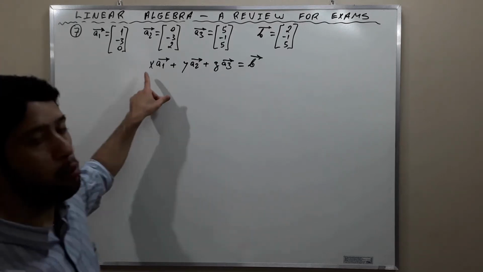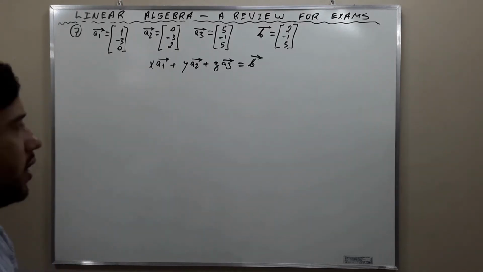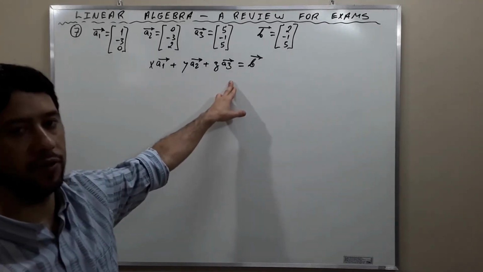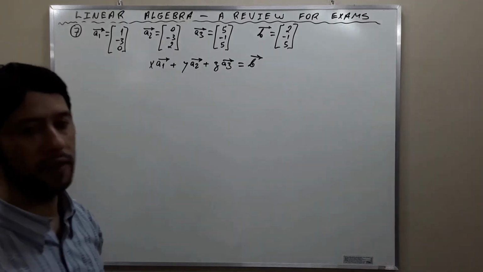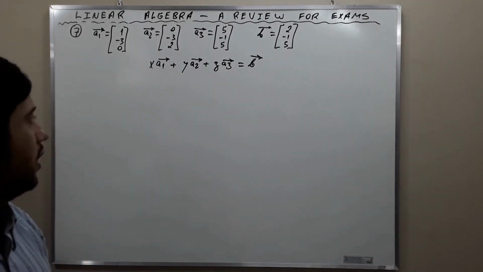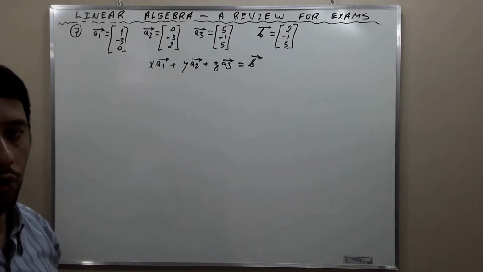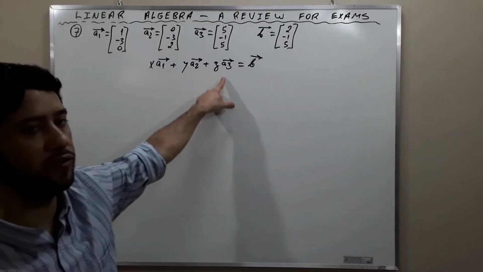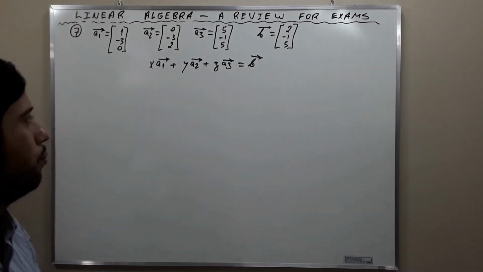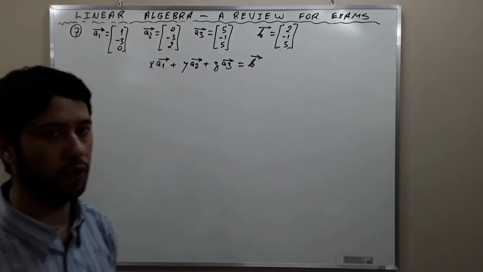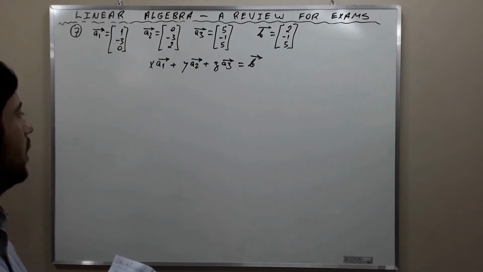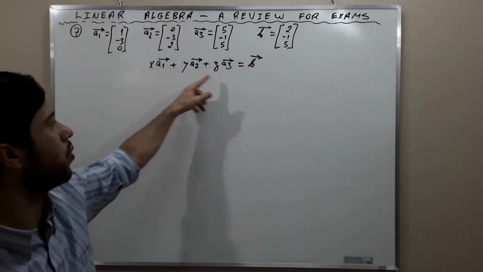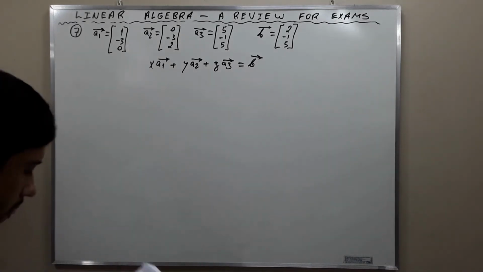We are combining the vectors, and the result must be the vector b. And there will be only one triplet of values, x, y, and z, that will produce b. Okay? All right, so let's look for these values of x, y, and z that produce b.